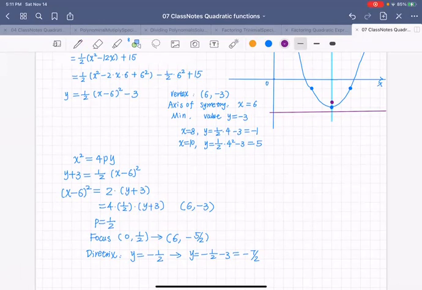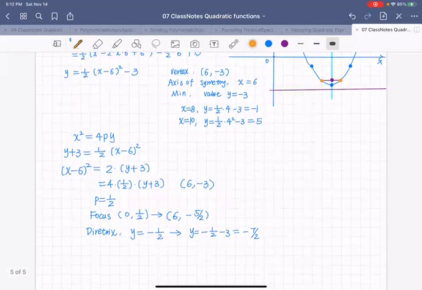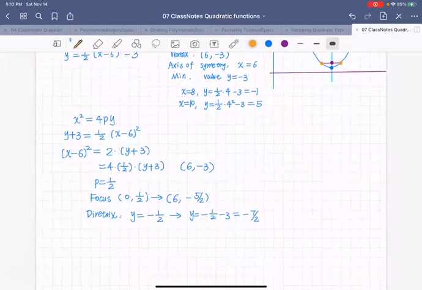And the latus rectum is this. The latus rectum is these 2 points, one point here, the other here. So let's write down the latus rectum.